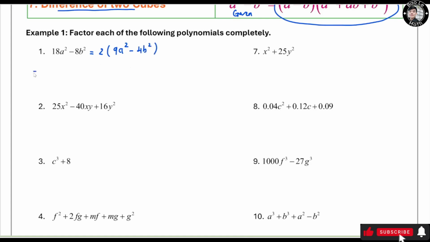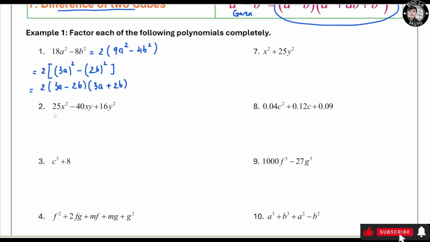So I can rewrite this one as 2. 9a squared is going to be 3a all together squared, minus 4b squared is going to be 2b all together squared, right? So I'm going to apply the difference of two squares formula, right? So it could be 2 times 3a minus 2b times 3a plus 2b, right?